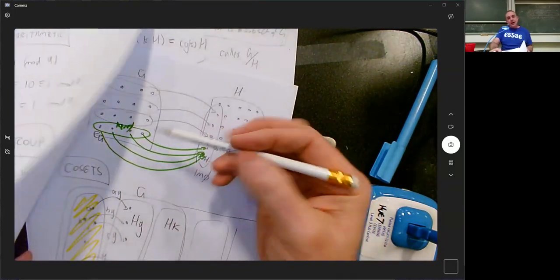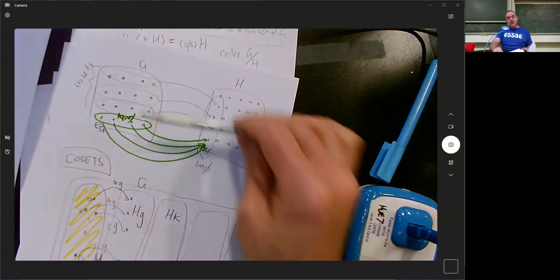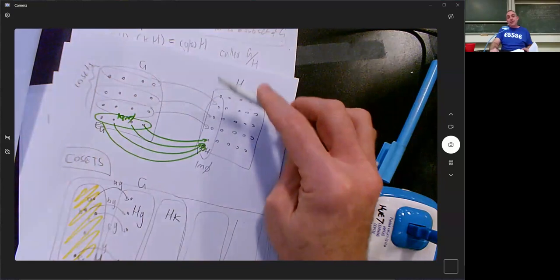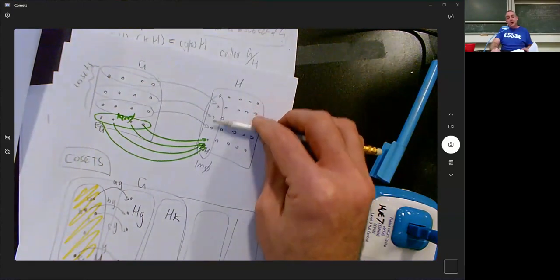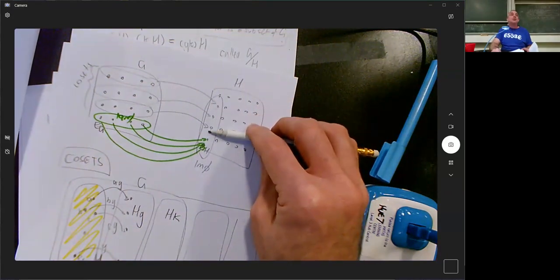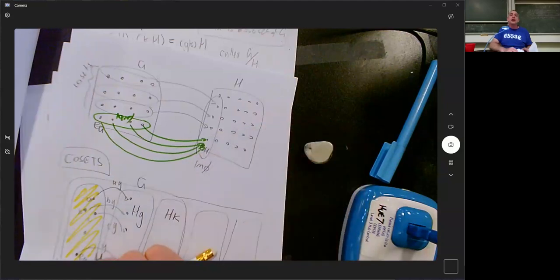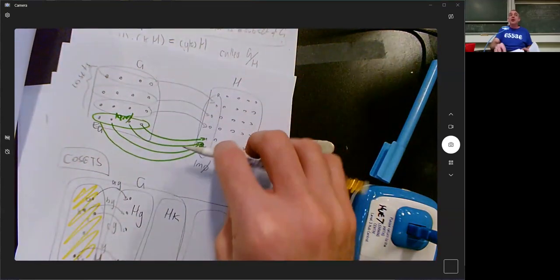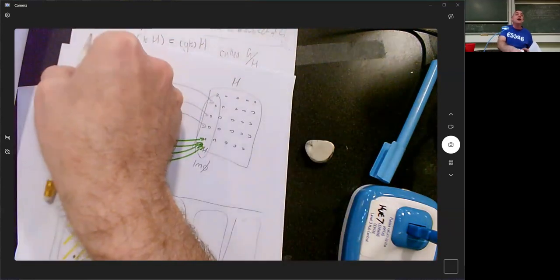Not only are all the sizes matching up, but if I multiply this coset by this coset and I get that answer, then that will guarantee that multiplying this by this will get that answer as well. Yeah, and so on. Now, all of the structure of multiplication here is copied here, and vice versa. It works backwards just as much.